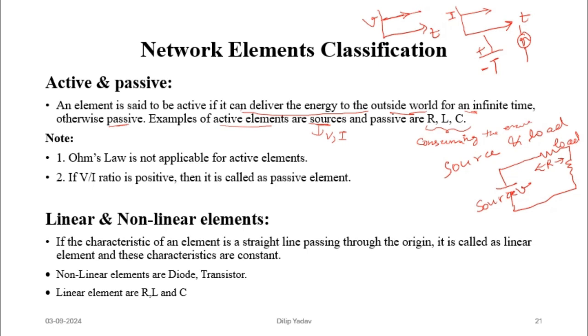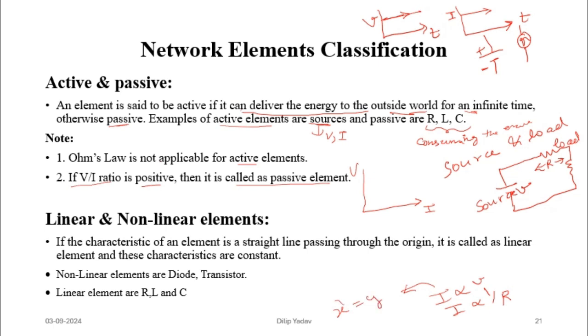Note that Ohm's law is not applicable for the active elements. If the V upon I ratio is positive, then it is called a passive element. Ohm's law says I is directly proportional to V, and inversely proportional to R. If we relate it with math, it is like x equal to y.